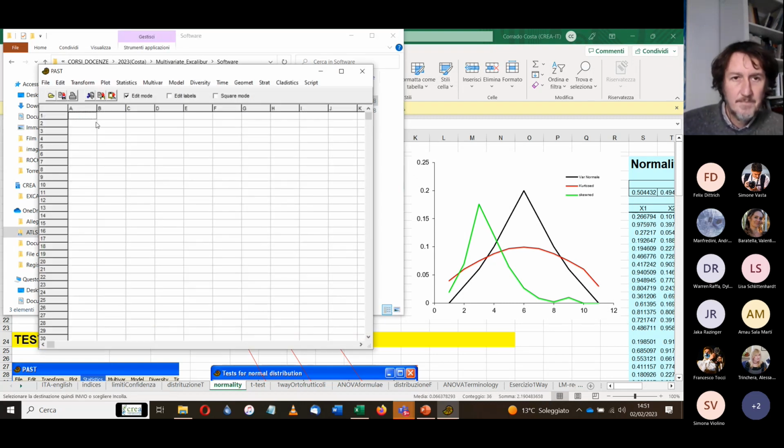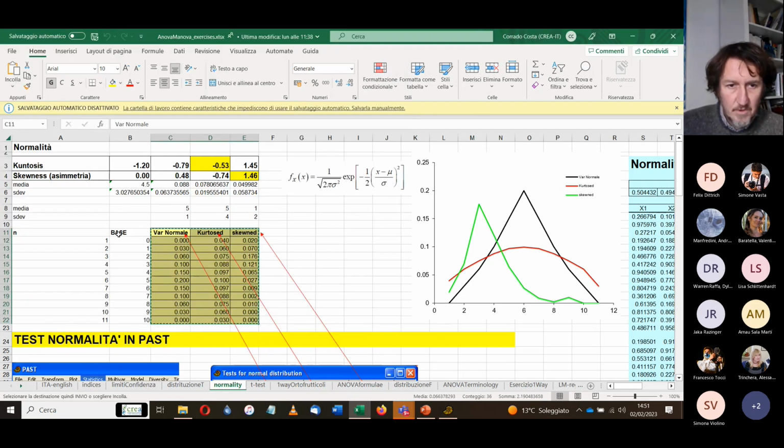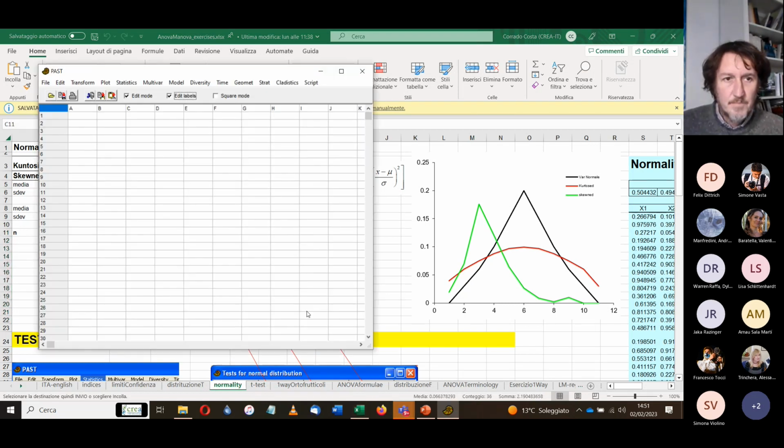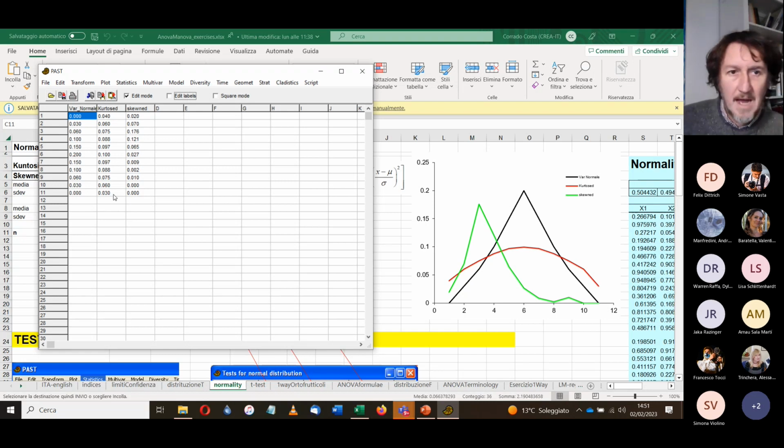The other file is the manual. We have to click on Edit Labels. We do not have row labels here, so either we copy from the base here, or we can copy just this part. In this case, we have to paste here in A, and again edit labels. We are ready to study the normality of these three distributions.